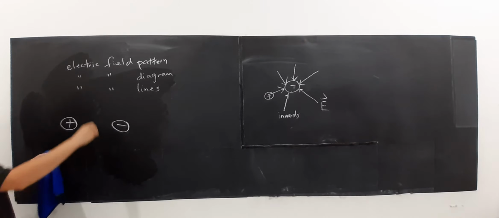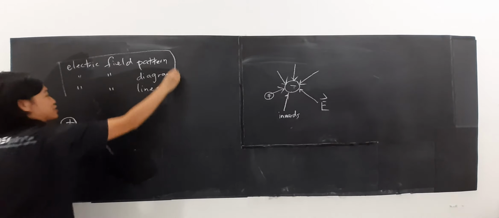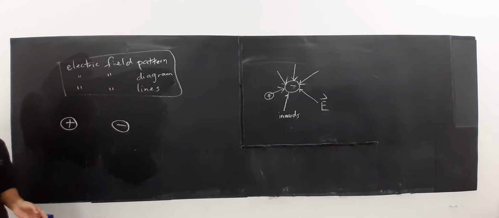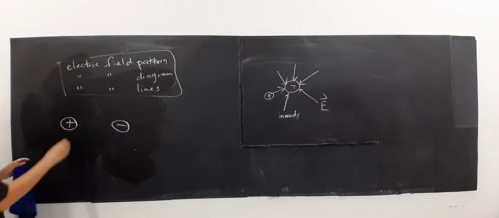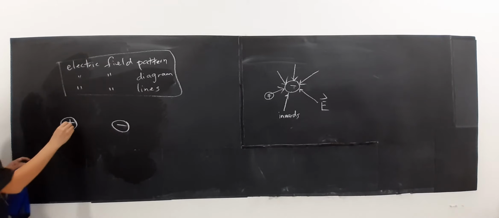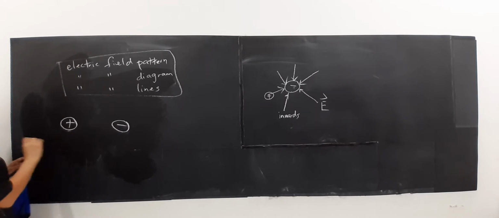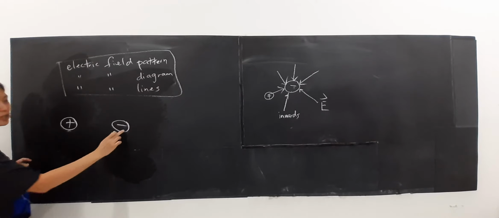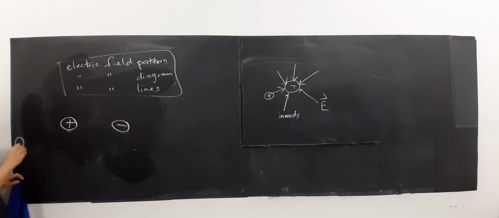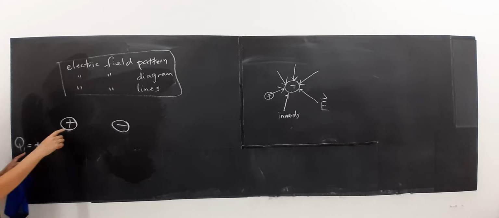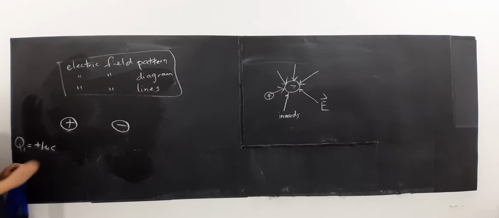So how are you going to sketch these? For example, given Q1, and Q2, with Q1 positive 1 microcoulomb and Q2 negative 1 microcoulomb.